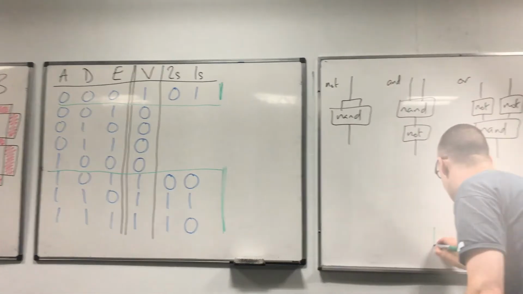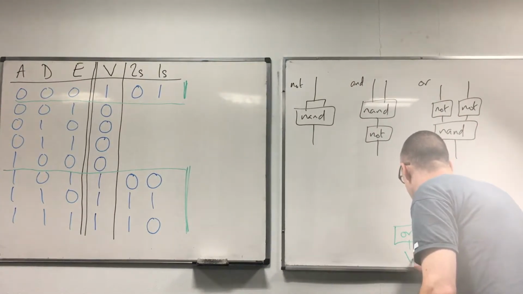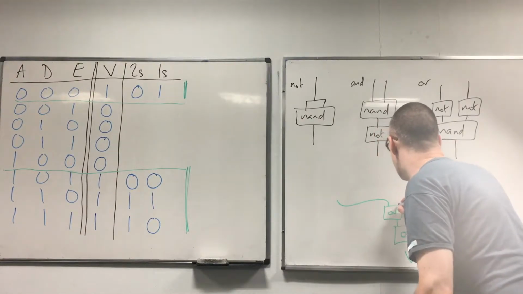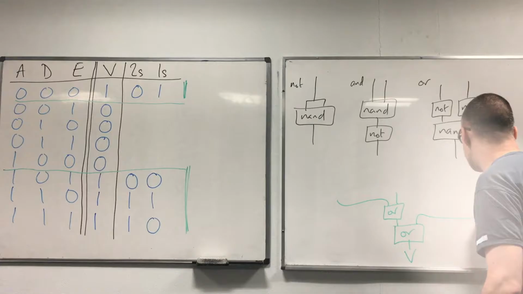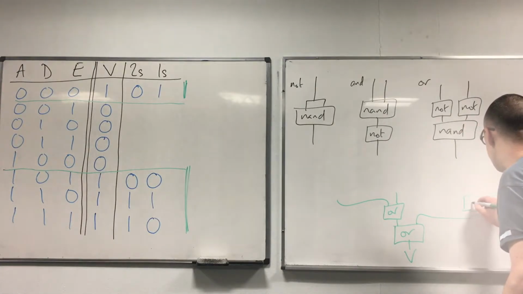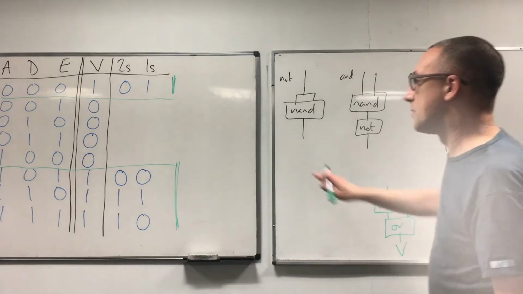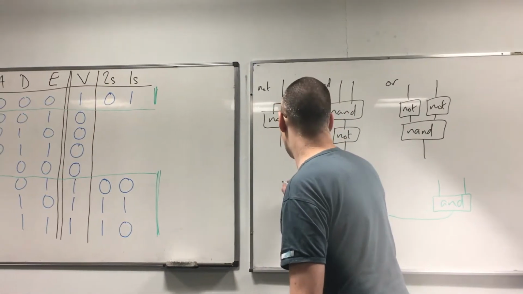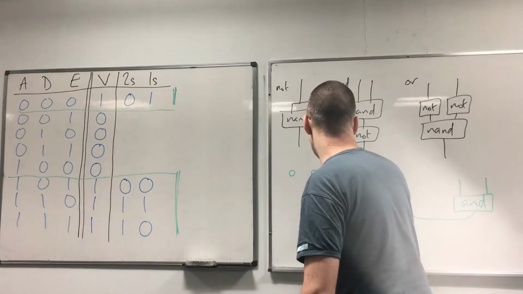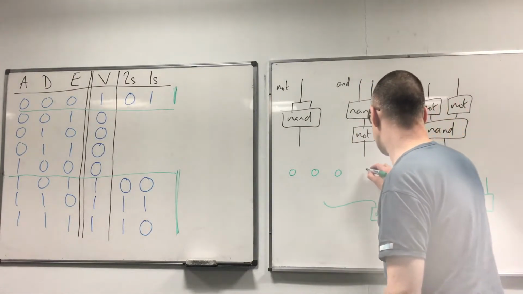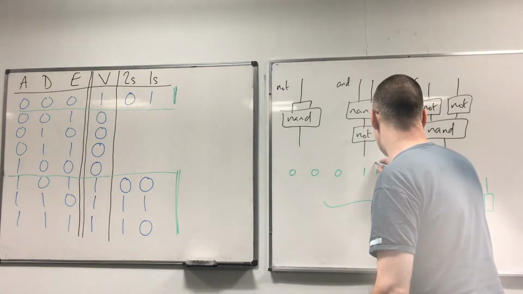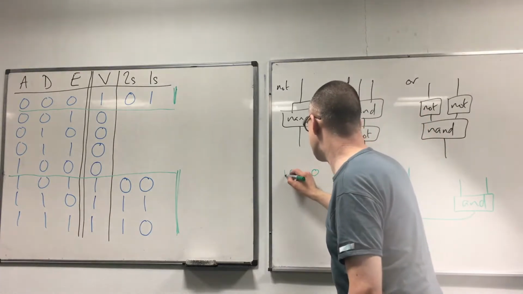Okay, so we'll have or wired up to V, and then another or for each of the cases we care about. We've already said that we want an and here, and these are going to be A and E. And now what are our other 2 cases that we have to build detectors for? They are 0, 0, 0, and 1, 0, 1. So we turn the zeros into nots.